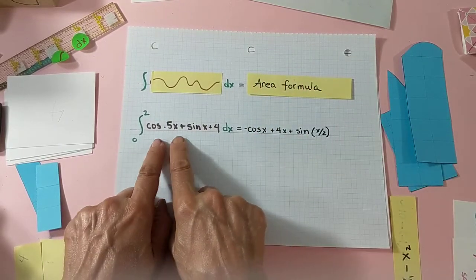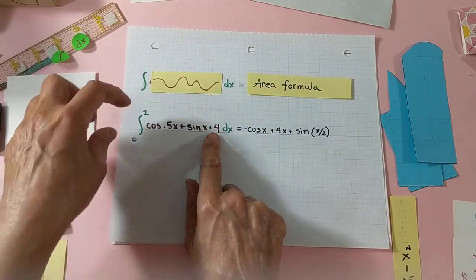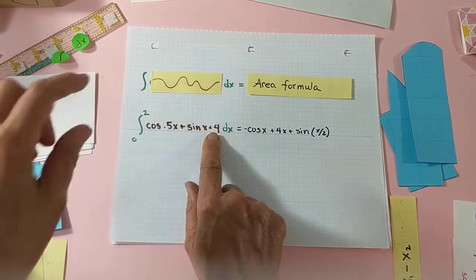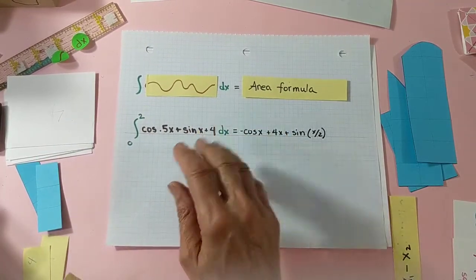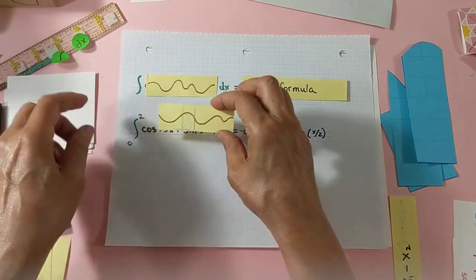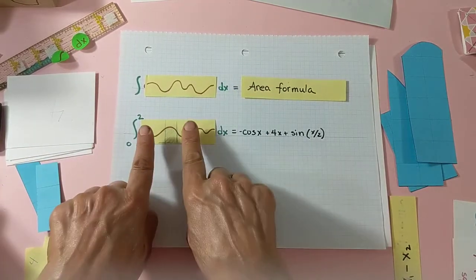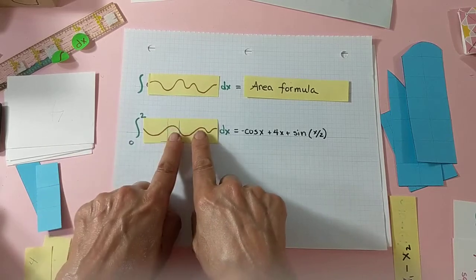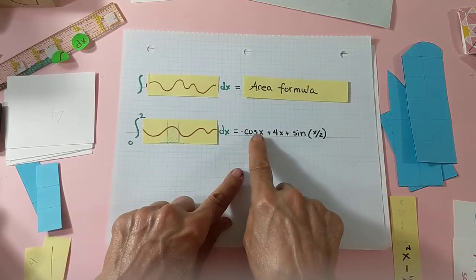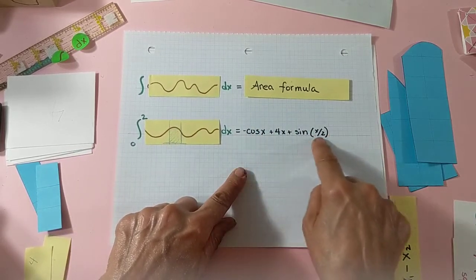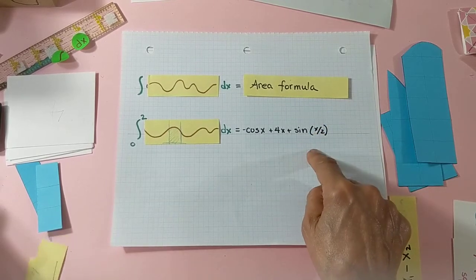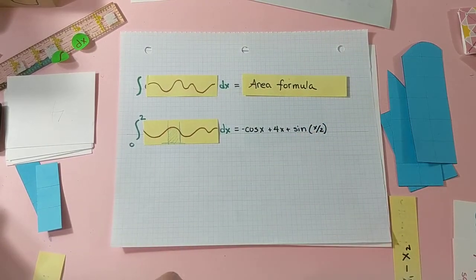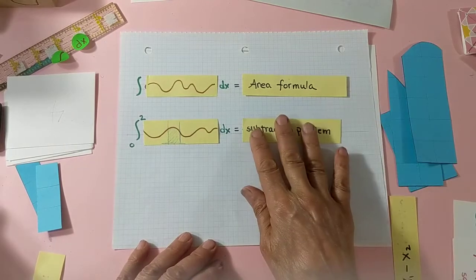Okay? Now here, this is the same function, but now it's got boundaries around it. So to visualize this, you still visualize it as a curvy line, but now there's a bounded area within it between 0 and 2. And now this over here becomes just like in the other one, a subtraction problem.